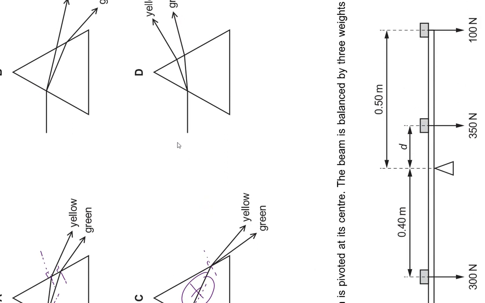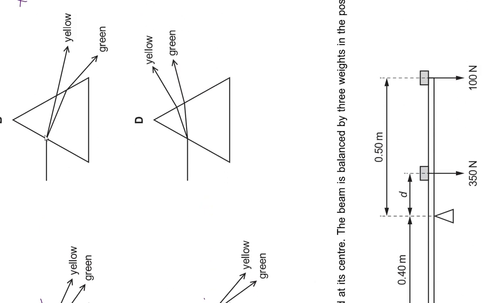Okay, so we also have this one here. Now look at this one. This one here, it bends away from the normal. But glass is dense, so it can't be this one.